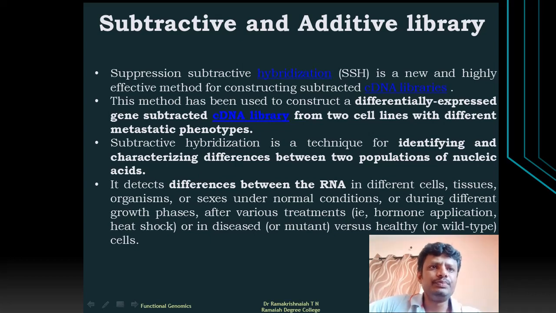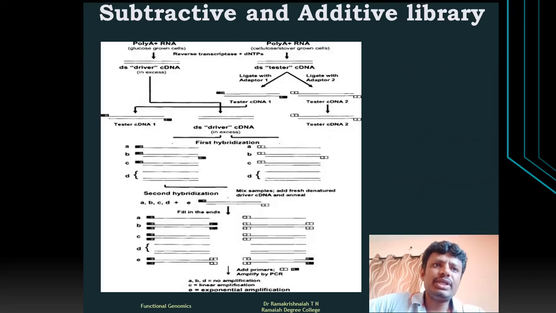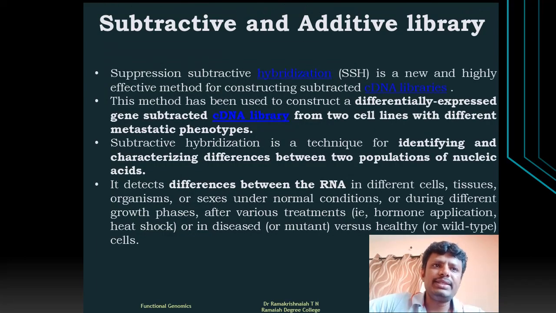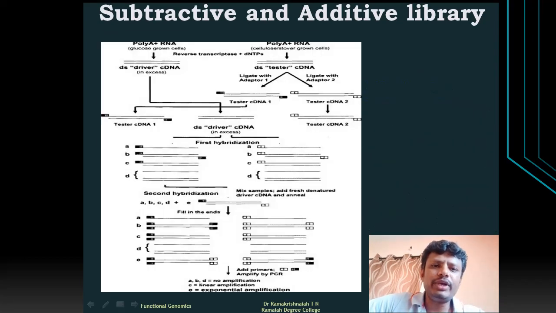Got it? So what does this do? This technique characterizes different mRNAs from tissues, or you can say cells, which have the same function in two different organisms, or sexes under normal conditions, or during different growth phases.